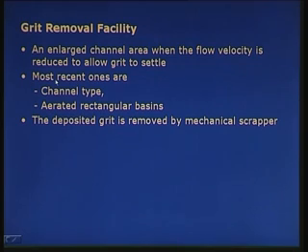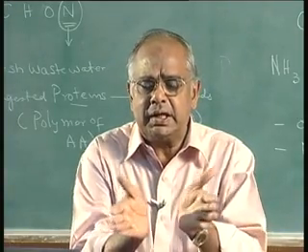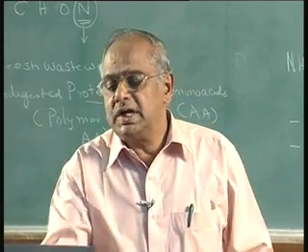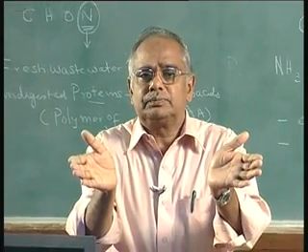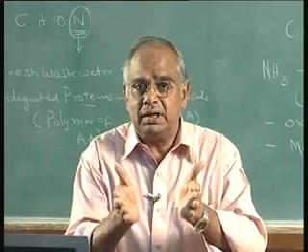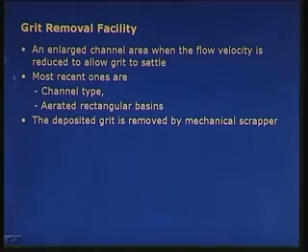So, we have many grit removal facilities. One of the easiest and most common grit removal facilities is an enlarged channel area, that means a channel carrying the wastewater. I suddenly increase the channel area, I make this channel width bigger. And when I increase the channel area, what would happen to the velocity?